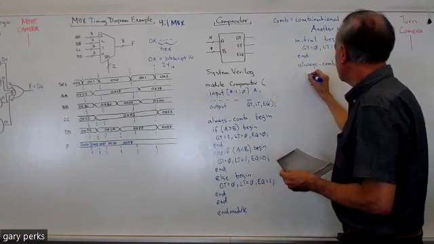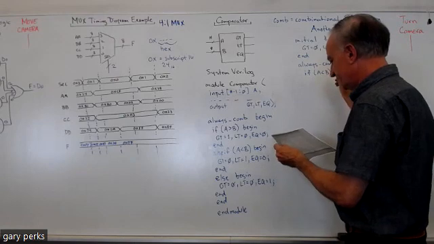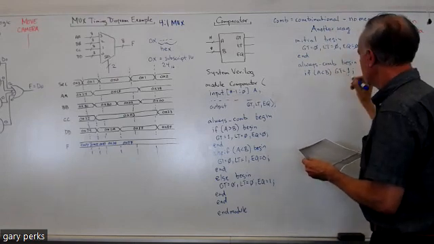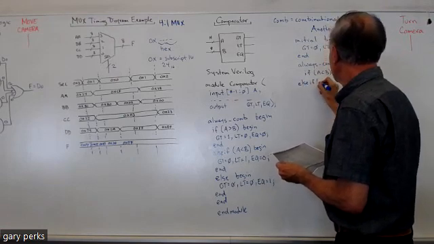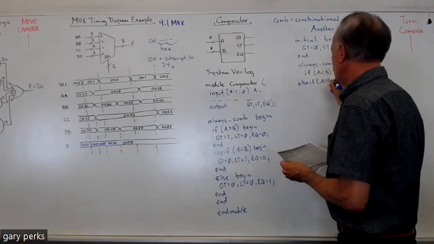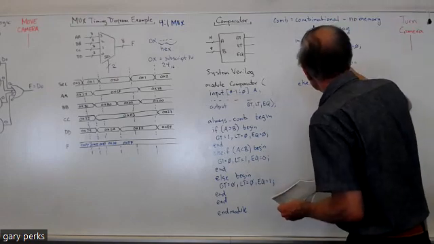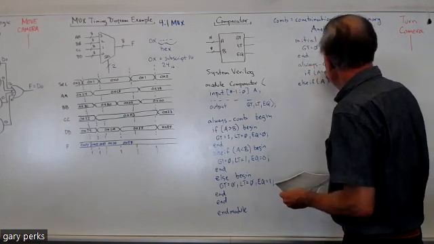And now I would just have if A less than B, GT equals 1, else if A greater than B. Oh wait, I got it backwards. Sorry. Okay, yeah, if A greater than B, right?